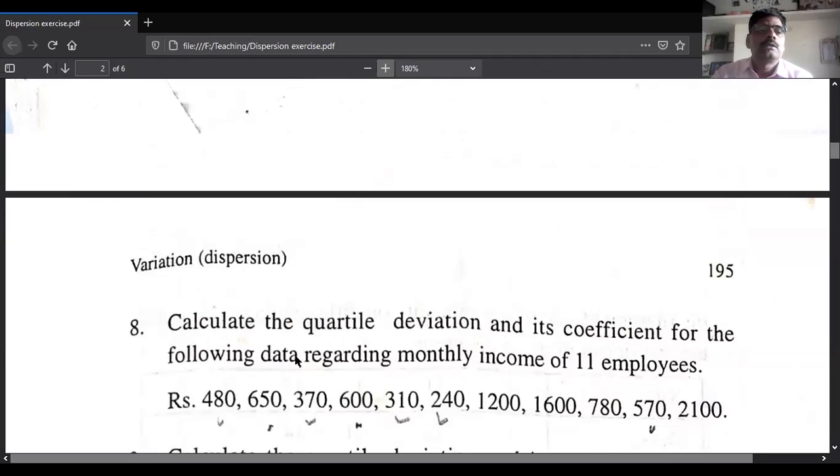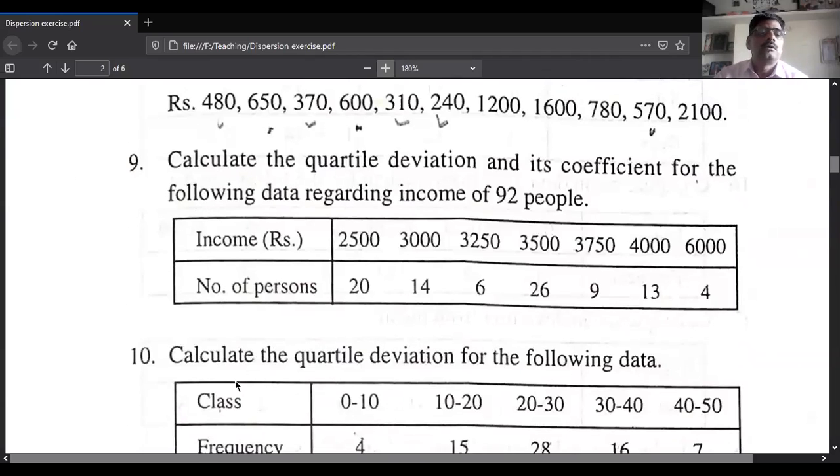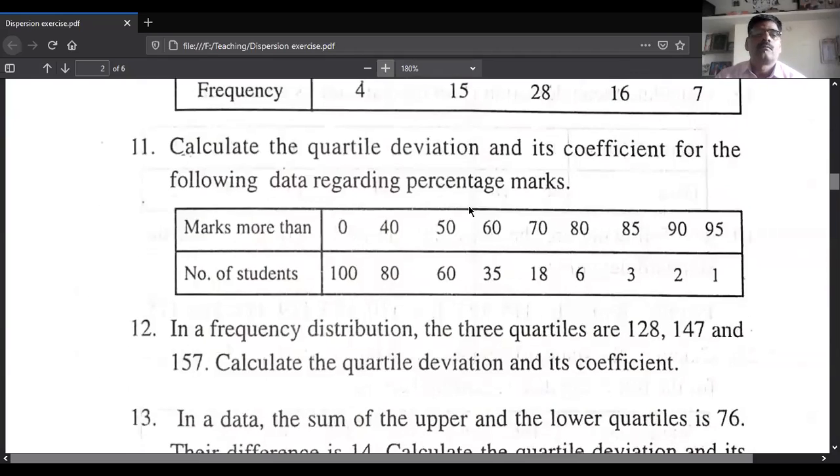In the previous class, I solved example exercise number 8 based on quartile, then 9, 10, 11. These questions relate to quartile deviation: how to calculate the quartile, then calculate the quartile deviation.